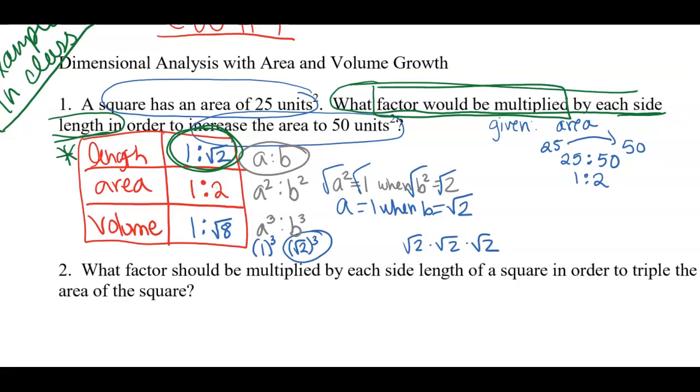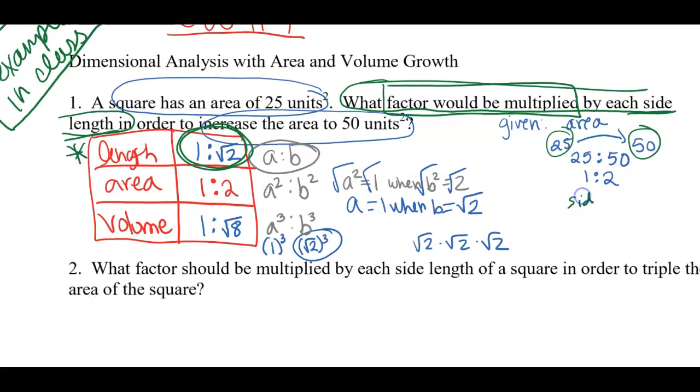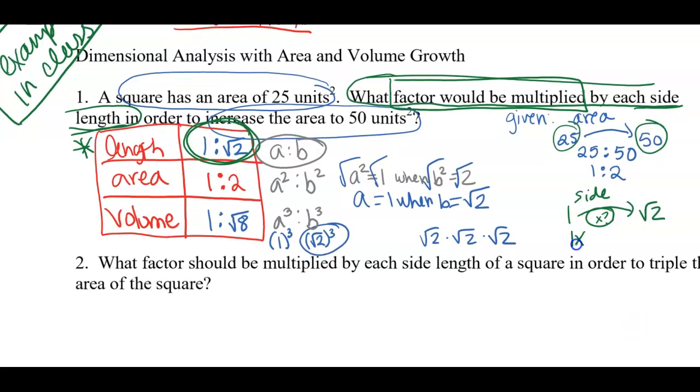Okay, so what this 1 to rad 2 means was the area went from 25 to 50. The sides went from 1 to rad 2. And the question is, what did 1 get multiplied by to change it into rad 2? And so you either know the answer to that question very quickly, or you write it as a math equation. 1 was multiplied by what to make it equal to rad 2?